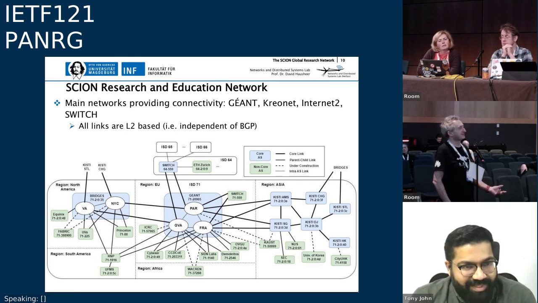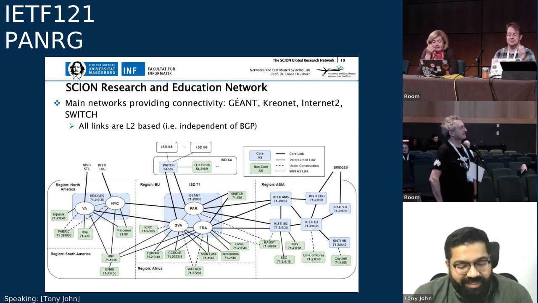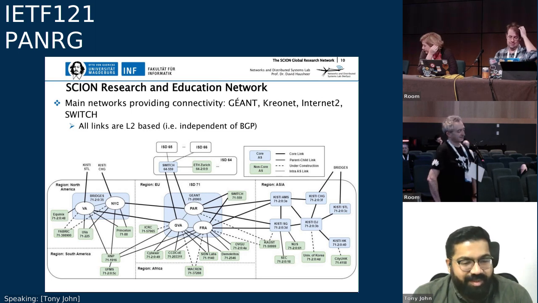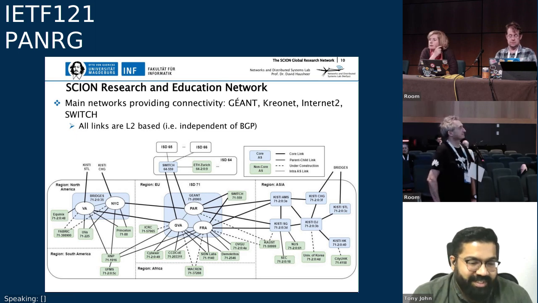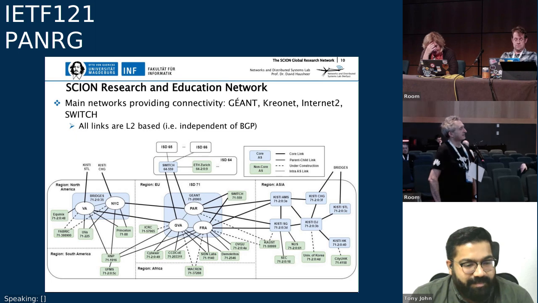So the research network is currently under one isolation domain, and it is connected to the SCIAN production network, and that is run by different ISPs. Okay. So that's where it would head long term.